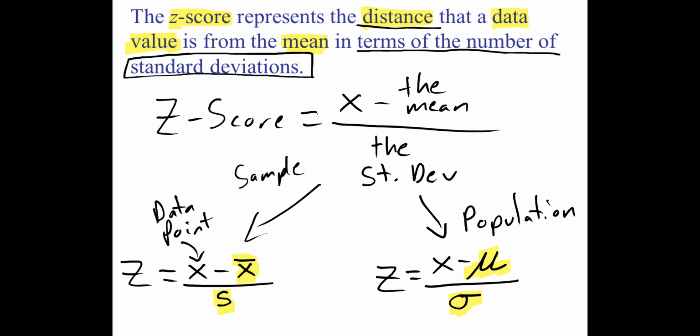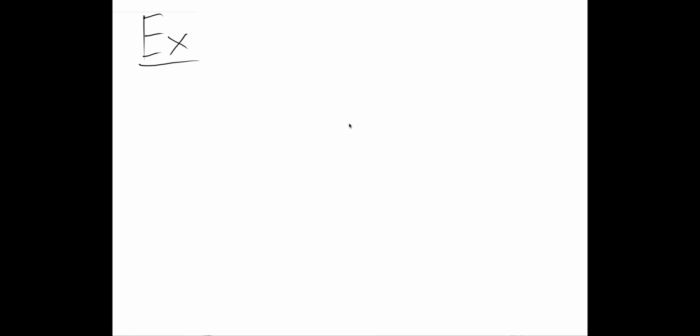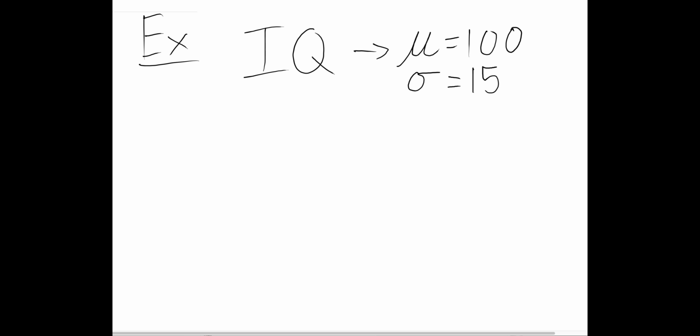Let's look at an example of when we might want to use this. Let's look at an example using the variable IQ. These are actual numbers that come from measuring a lot of IQs. So these actually are parameters. We've got two people. Here's Bob and here's Linda, obviously.